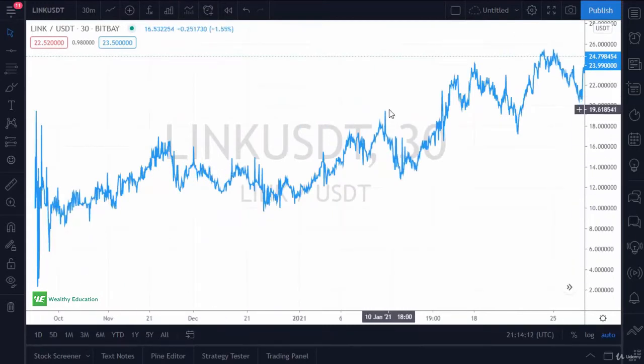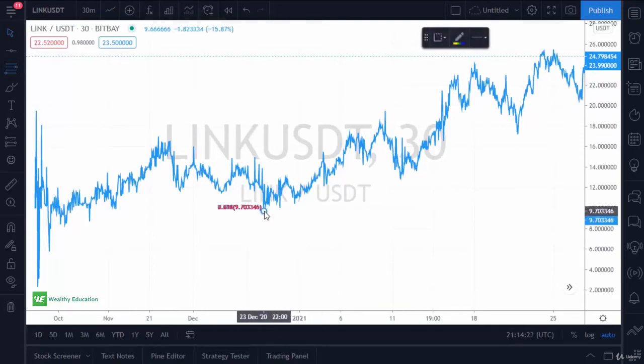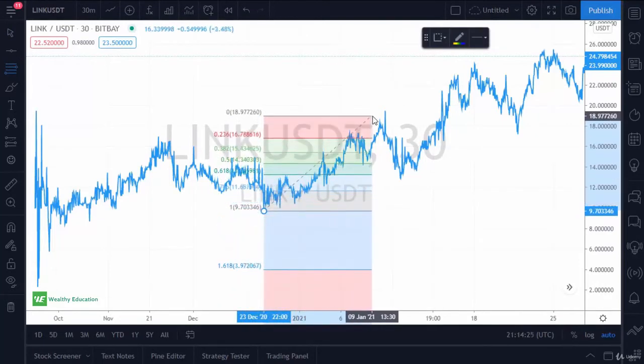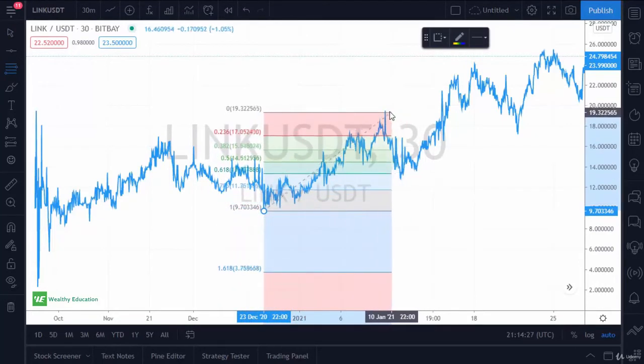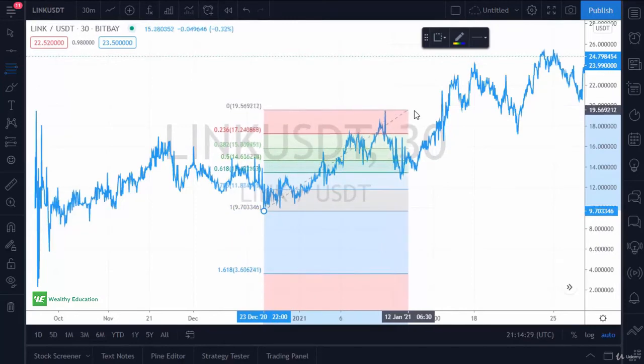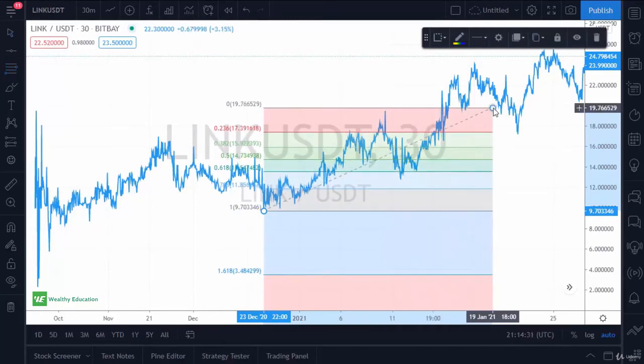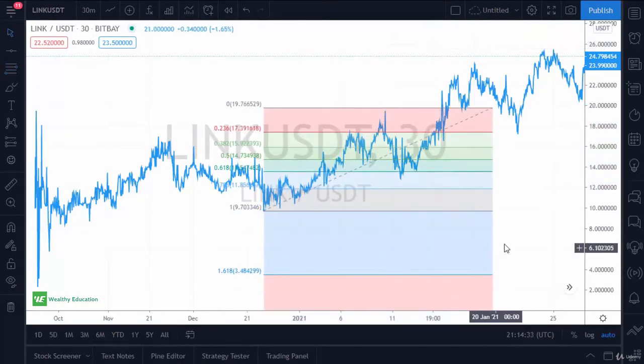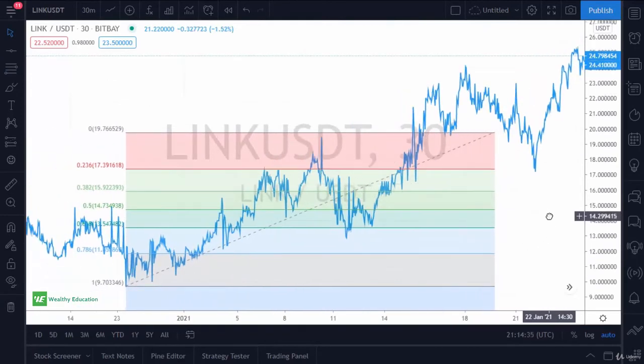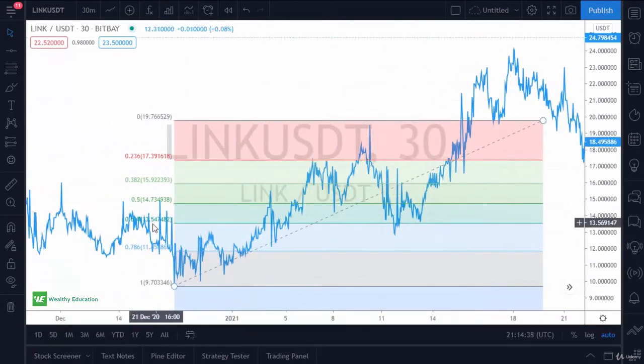And here's the thing. You feel that you've missed the move, but you would like to participate. So you look for that swing low and that swing high. In this case, you click that tool and then drag it up to that level there, and you draw it across. And what you will find more often than not, there is a Fibonacci retracement level that comes into play. And in this case, it is that 61.8 level.